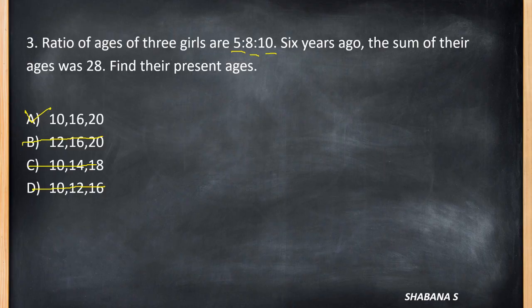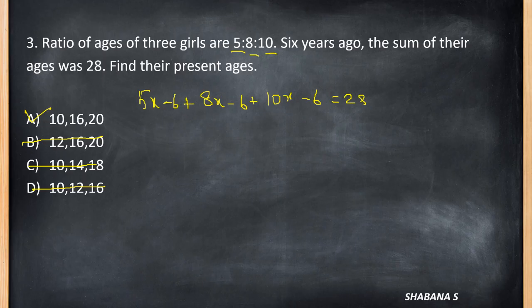In case you have all the three numbers proportional with the numbers given, you also have to know the conventional method. And the conventional method is, I'm going to take the ages of three girls as 5x, 8x and 10x, and 6 years ago, so minus 6 years. So 6 years ago, all three of them would be 5x minus 6, 8x minus 6 and 10x minus 6, and the sum of their ages is 28.